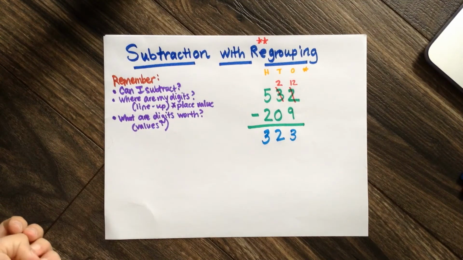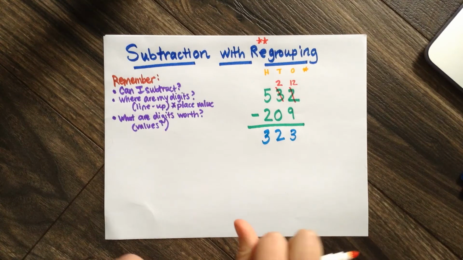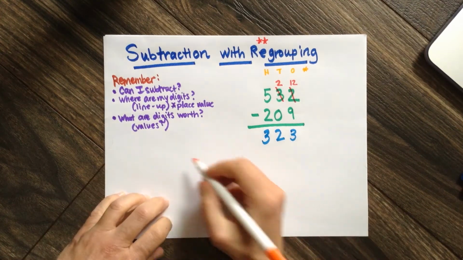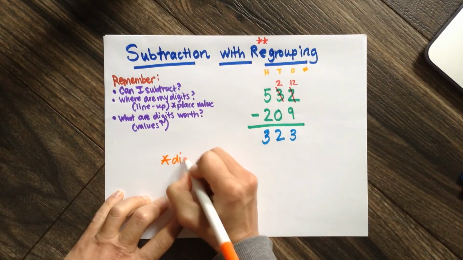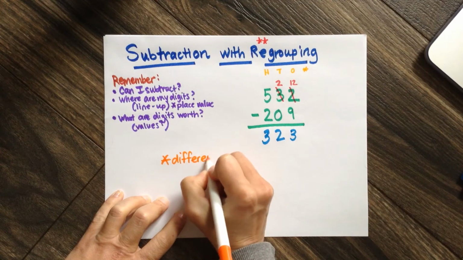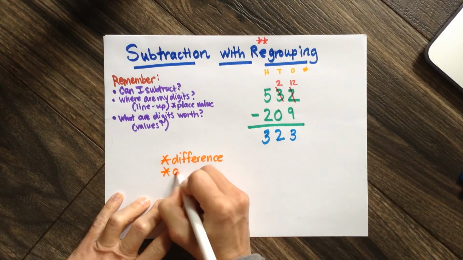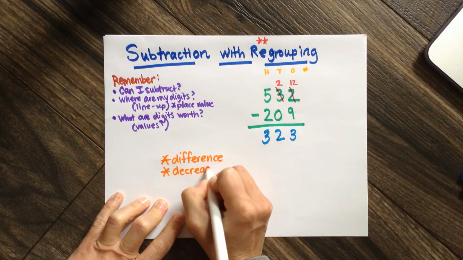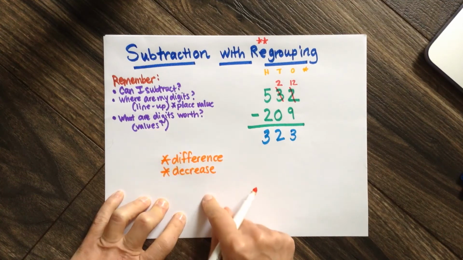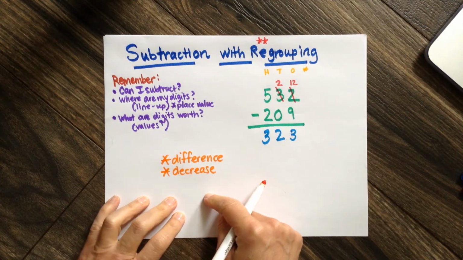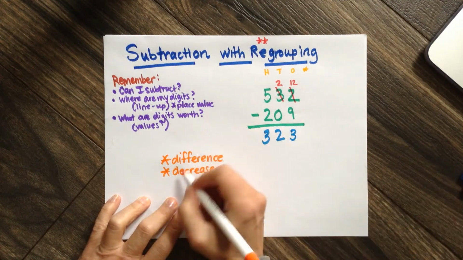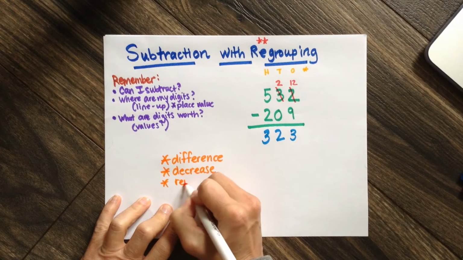Let's go ahead and remind ourselves of a couple keywords of subtracting. So when we're subtracting, let's make sure that we're finding a couple things. We're finding difference. Our numbers are decreasing, or the values of our digits are decreasing. What else are we doing here? We're looking for what's remaining.